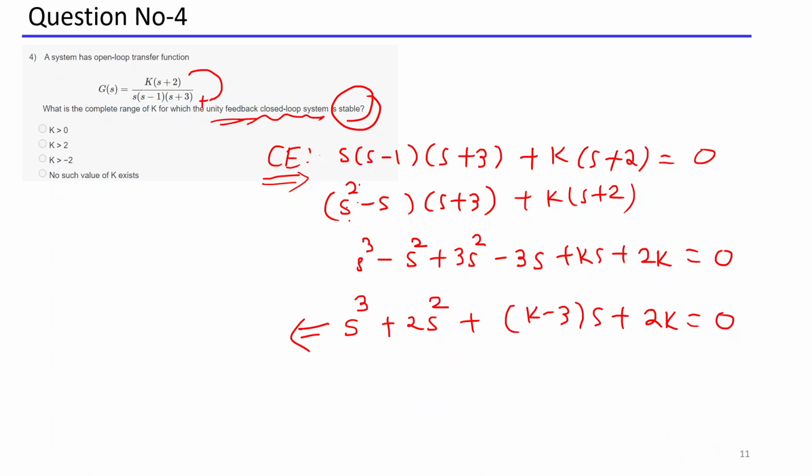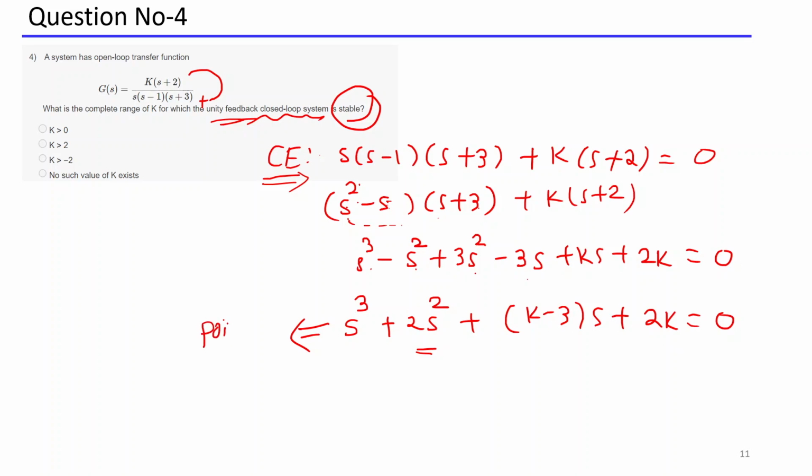Just let me see here. s square into s is s cube minus s square plus 3s square minus 3s plus ks plus 2k equal to 0. So s cube minus s square plus 3s square is plus 2s square, and here is (k minus 3) into s. Up to this point, you understand?